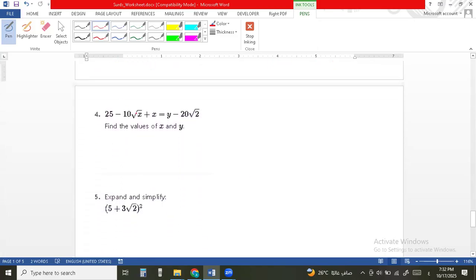Look at the coming one here. Mister, I got here negative 10x, or just 10x because the other one also has x and has negative in it. So I can say 10 root of x is the same as 20 root of 2.